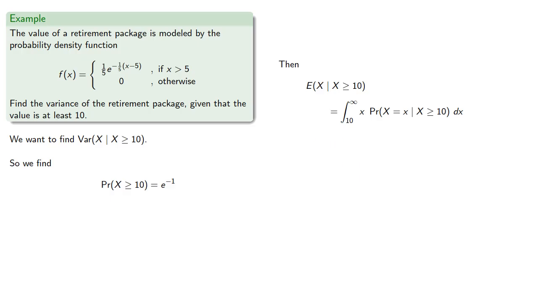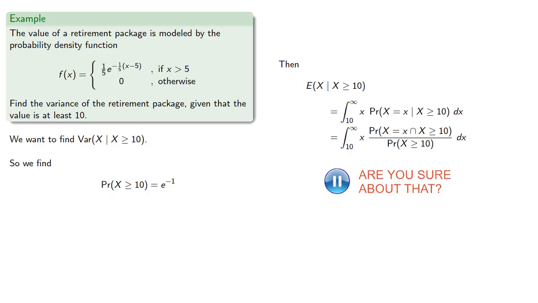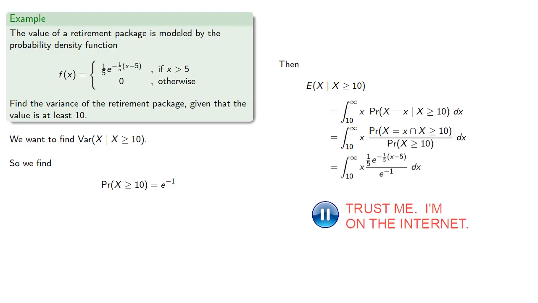So we can rewrite our conditional probability. And since we're integrating from 10, we automatically meet the requirement that x is greater than or equal to 10. So this probability is just our PDF.